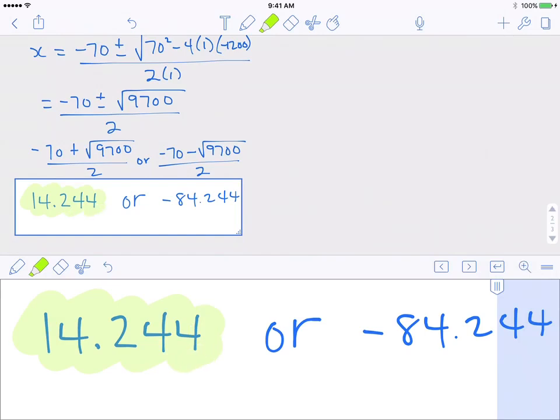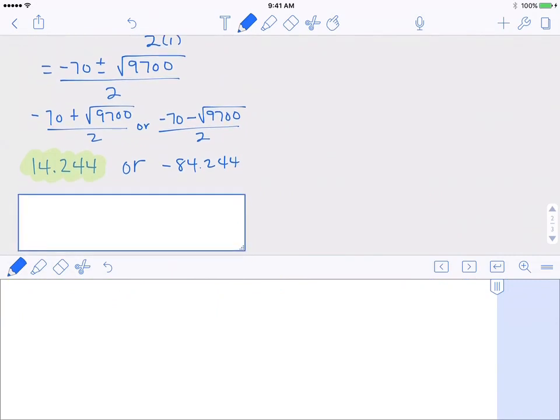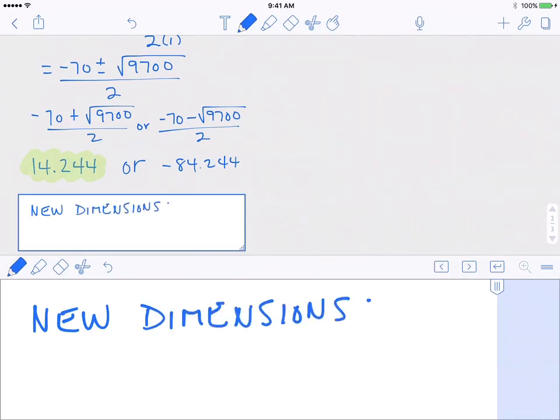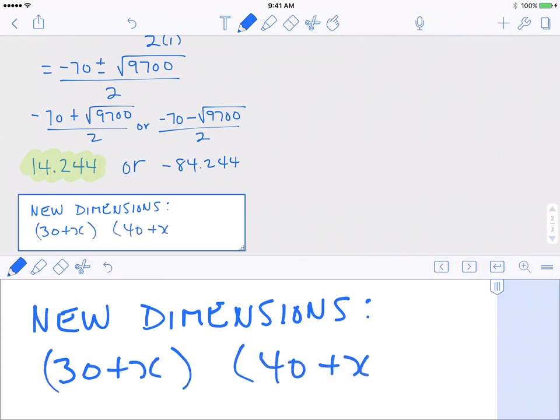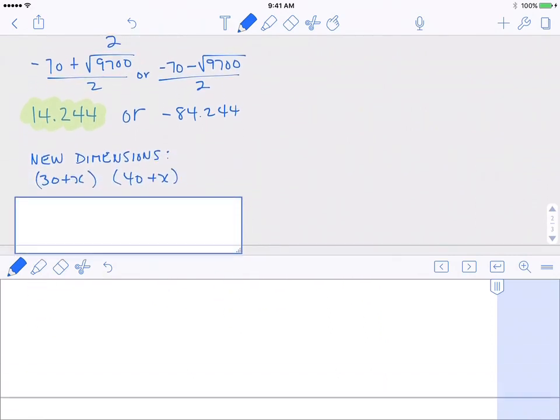But the question asks us to find the new dimensions. We can't stop there. So we need to answer the question: the new dimensions. We originally had 30, but it was 30 plus x. So remember the dimensions were 30 plus x times 40 plus x, and that would get us 2400. So let's plug in what we know.